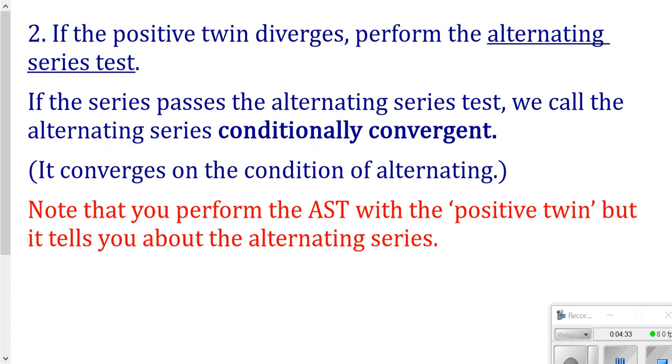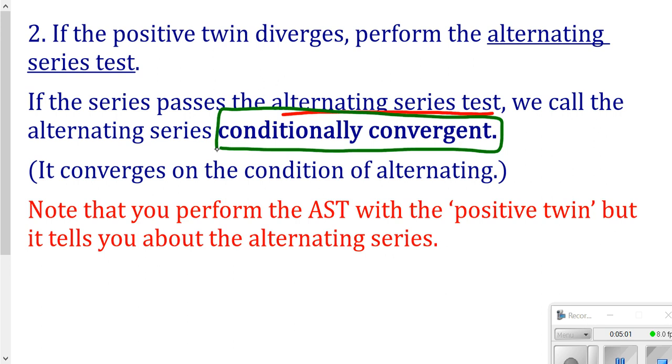In that situation, we are going to check a thing called the alternating series test. You only need to deal with the alternating series test if you already know that the positive twin diverges. If your series passes the alternating series test, which I'll explain in a second, then the alternating series is what is called conditionally convergent.